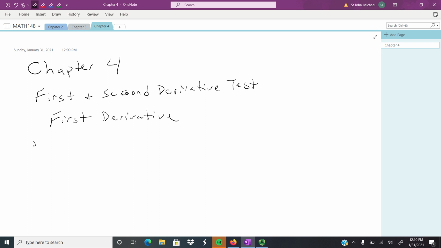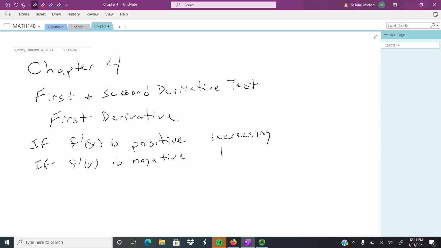If the derivative is positive, then the function is increasing. If the derivative is negative, then it's decreasing.